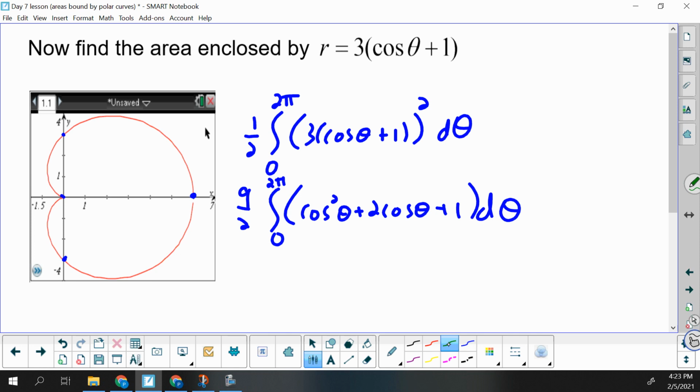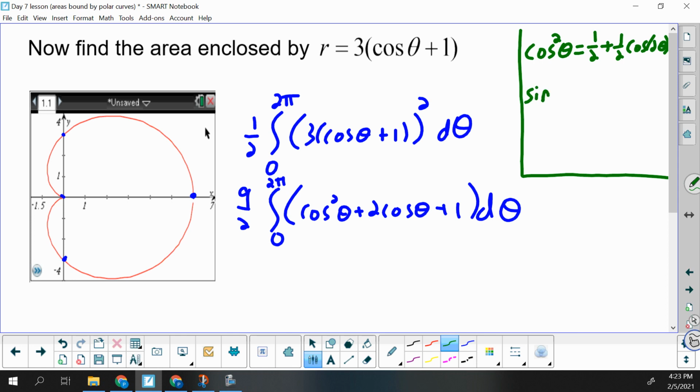Well, we've got to recall something from Unit 6. We had our power reduction formulas. We had that cos squared theta was equal to 1/2 plus 1/2 cos 2 theta.